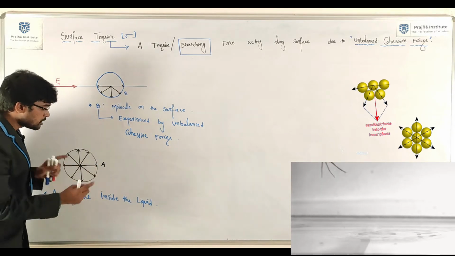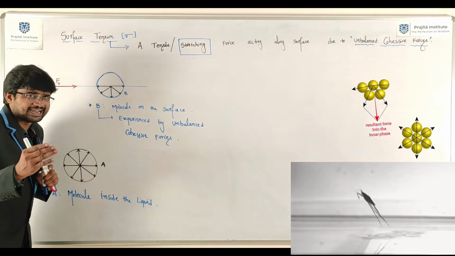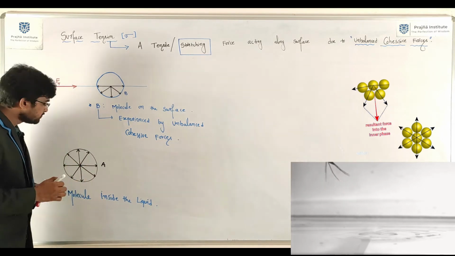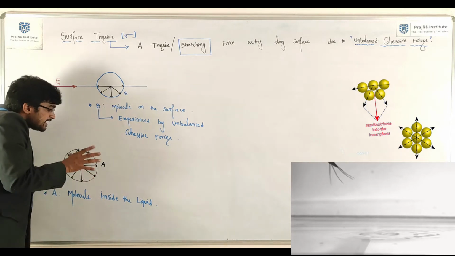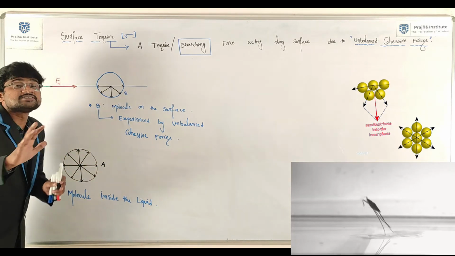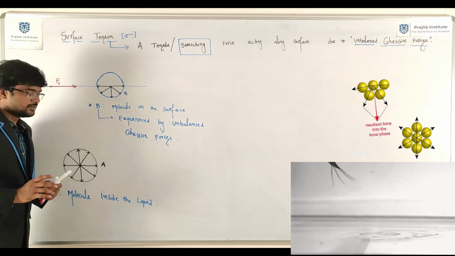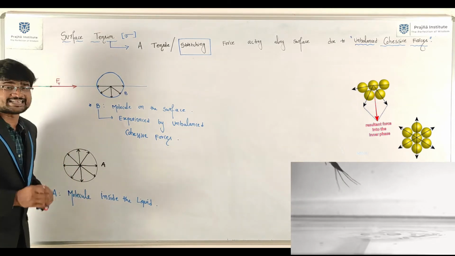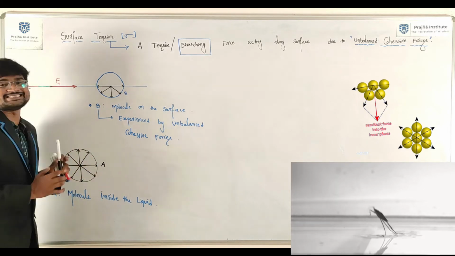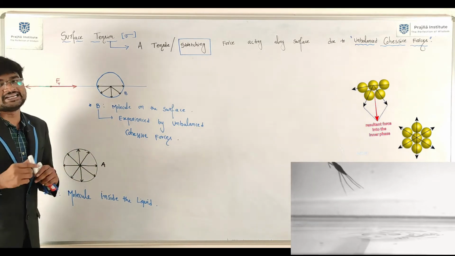Once you observe the molecule A, tell me, the molecule A experiences balanced cohesive forces. Here, the sum of the upward forces is equal to the sum of the downward forces. The molecule A is in equilibrium condition.